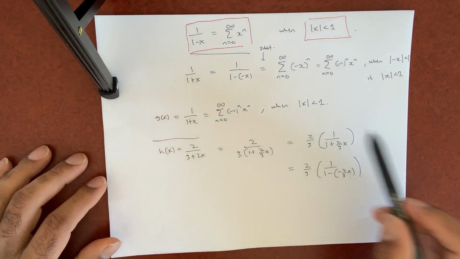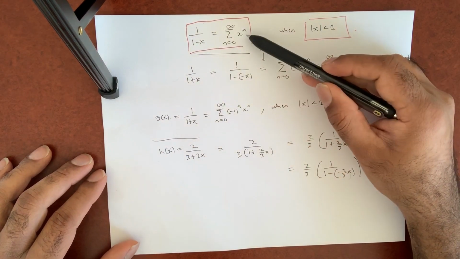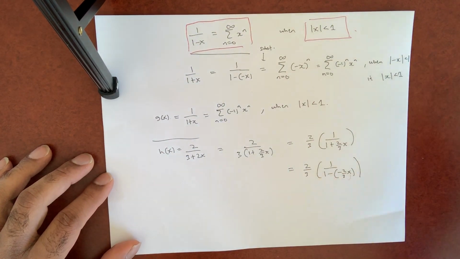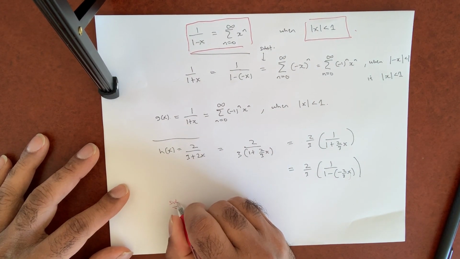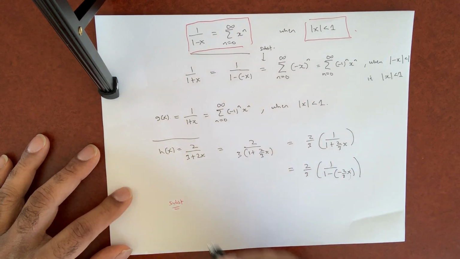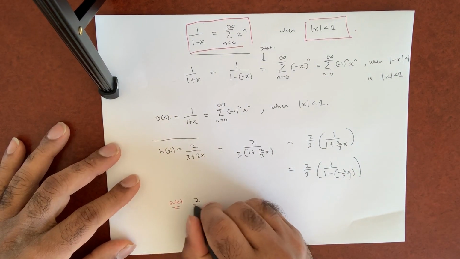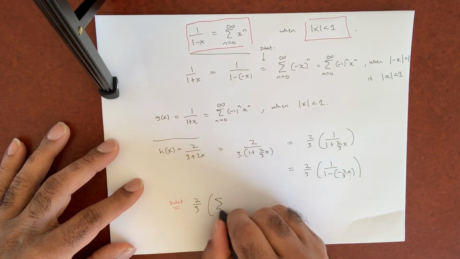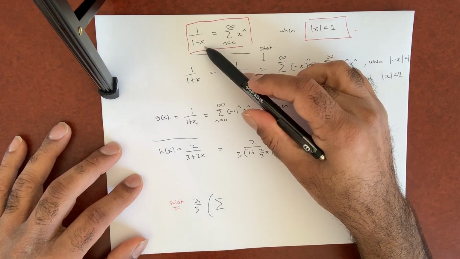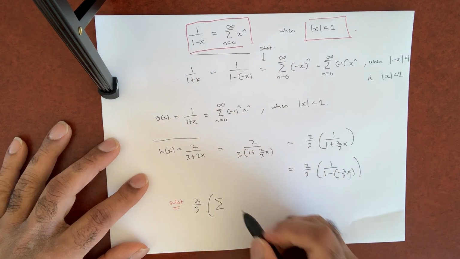And now I say, okay, well, I know that 1 over 1 minus x is the summation of x to the n. So now I use a substitution. This equals, by substitution, 2/3 on the outside. And on the inside, we take the series expansion, and we replace x here with negative 2/3 x.